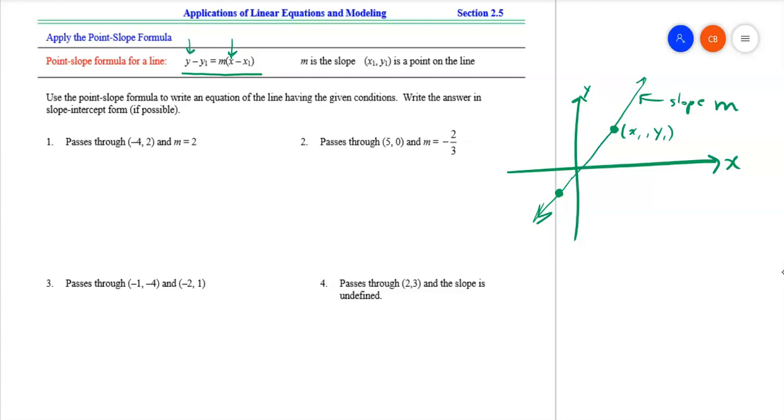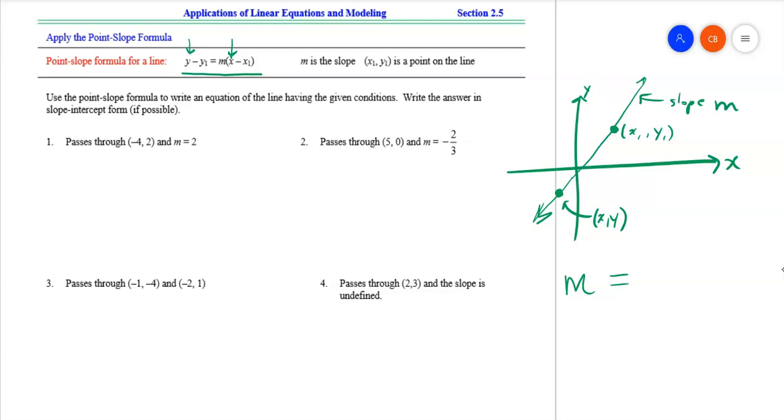So this other point can be basically any point along this line. It can be floating anywhere along here. It doesn't matter which one. We'll just pick one and say that the coordinates for that point are x, y. And then we know the equation for the slope of that line.